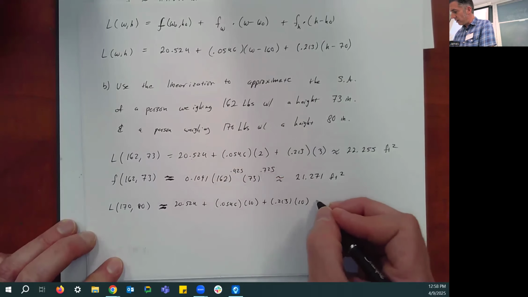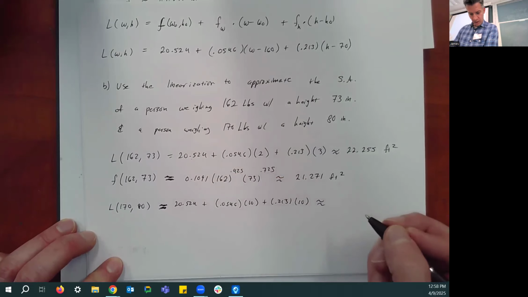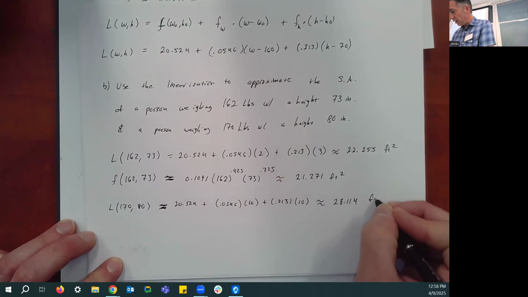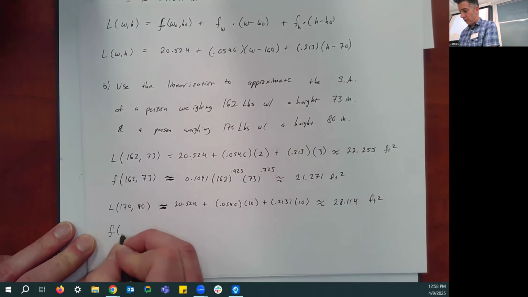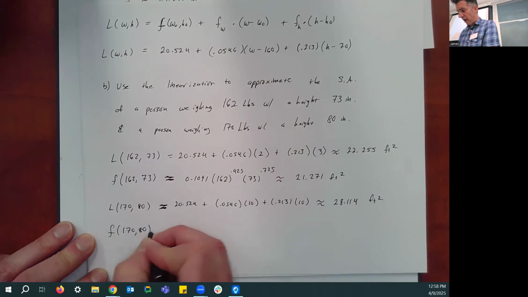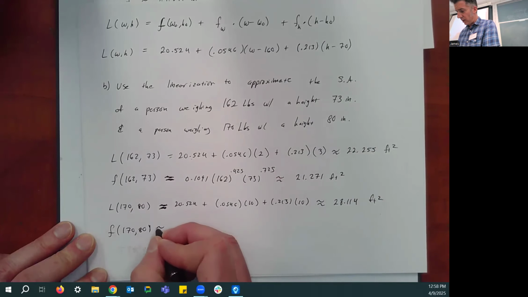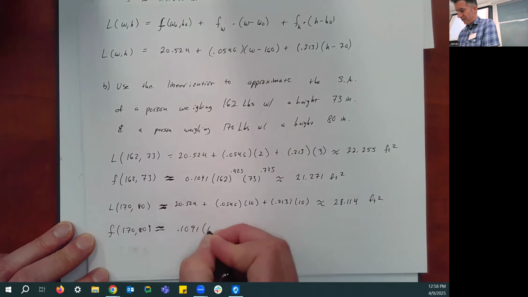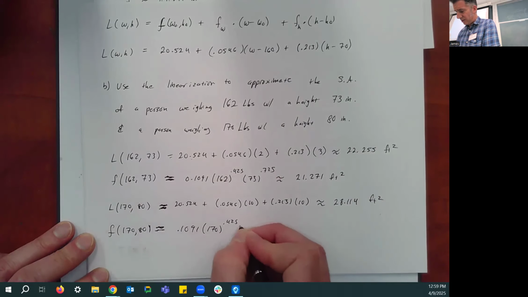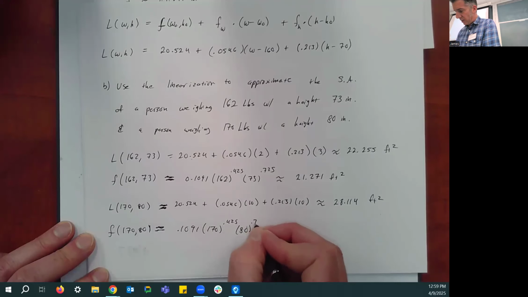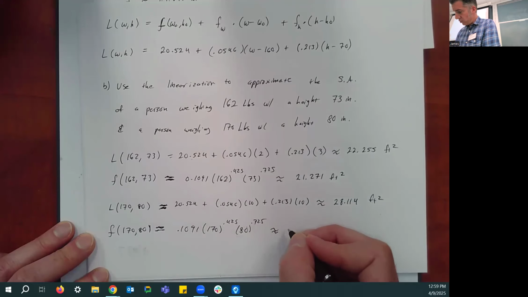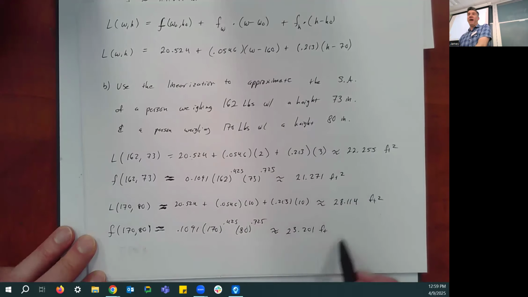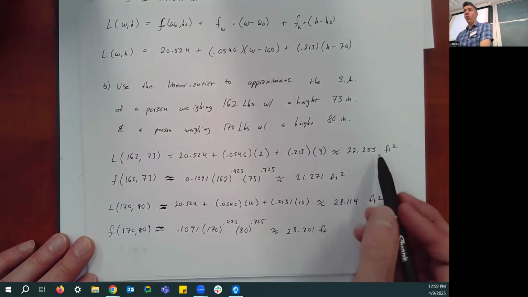And we get approximately 28.114. On the other hand, if we plug those values into the original function, we're much further away than we were in the previous example. We're going to get a value of 0.1091 times 170 to the 0.425 times 80 to the 0.725, which ends up being about 23.201 square feet. So here we're off by like 5 square feet, whereas here we're off by 1 square foot.